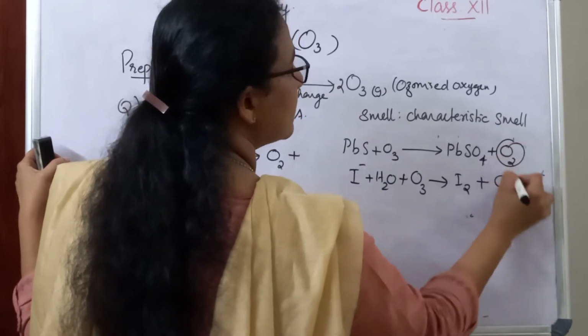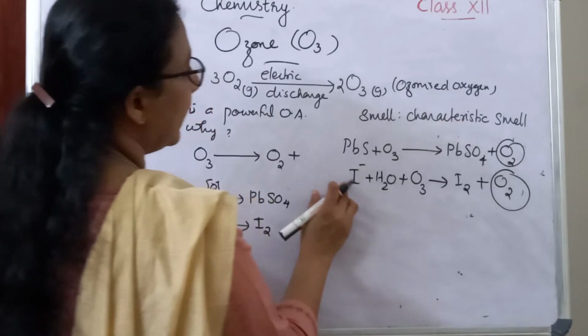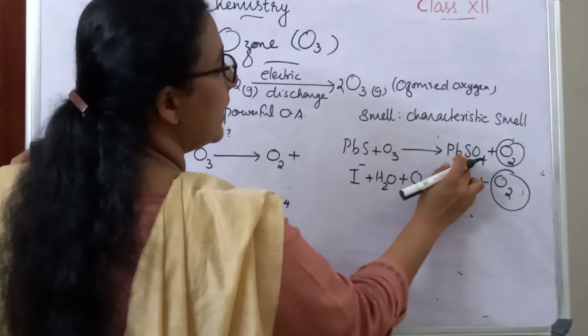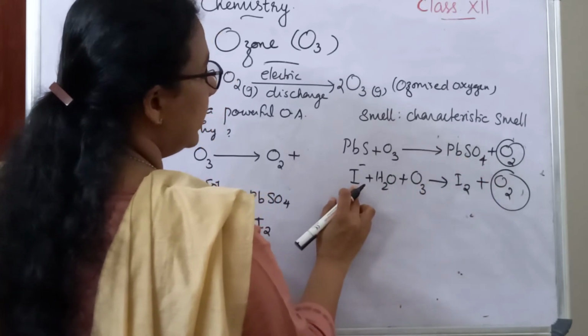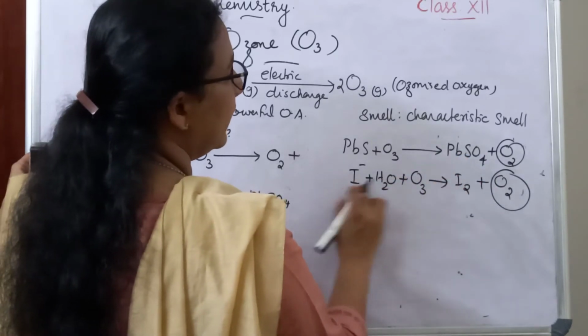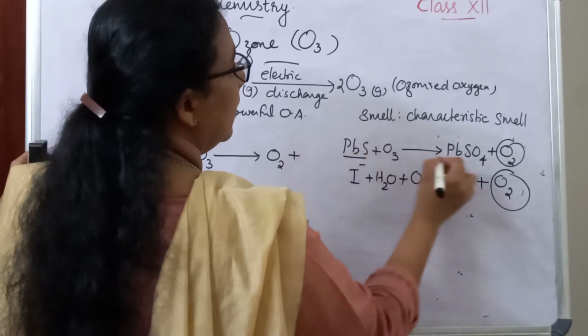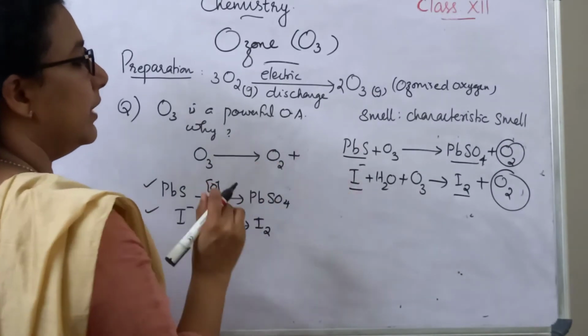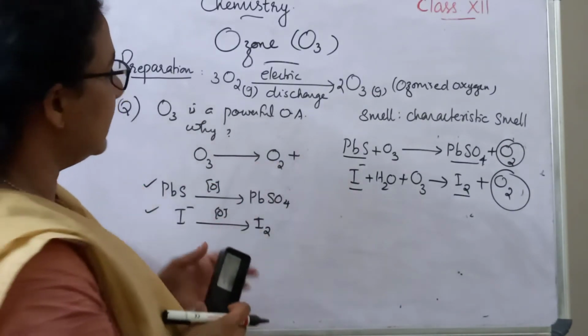In these two cases, oxygen will be the byproduct, and in the first case, lead sulfide is oxidized to lead sulfate. Iodide ions are converted to iodine. So these are the two important reactions where we can see the oxidation by ozone.